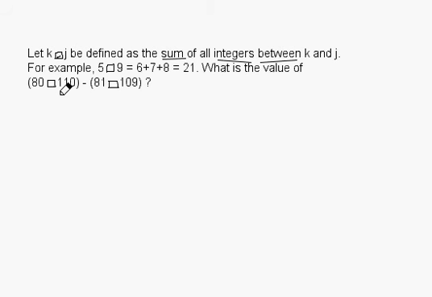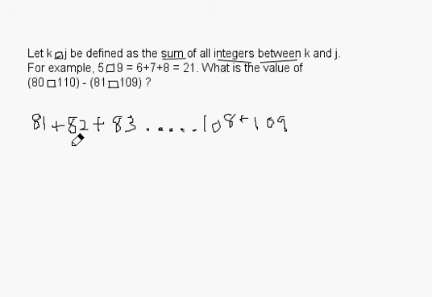Now we have this task. 80 box 110. So first we have to solve what 80 box 110 is. So let's start to write it out. It would be 81 plus 82 plus 83 all the way so on to 108 plus 109, and not including the 110 or the 80, because that's the definition.